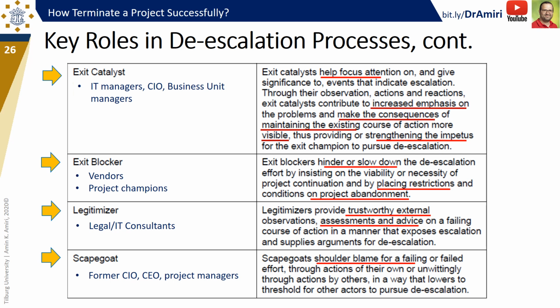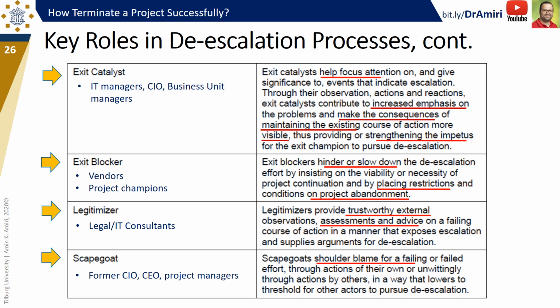Legitimizers such as legal consultants and IT consultants provide an external view, supplying arguments for termination. At IVK, there were no legitimizers. And finally, we also need a scapegoat to blame for the failing project.